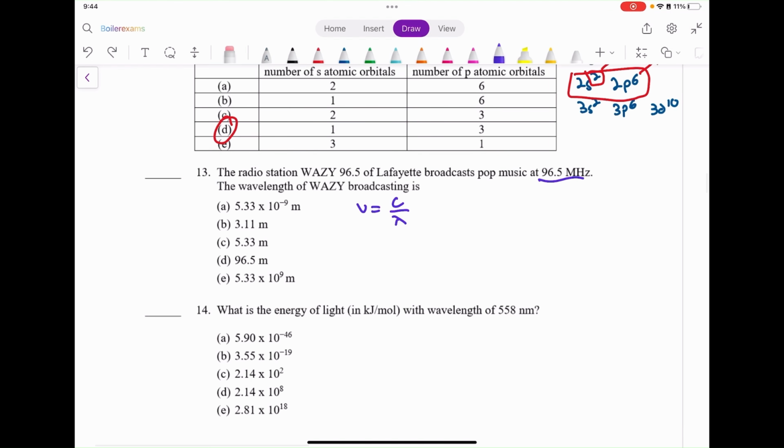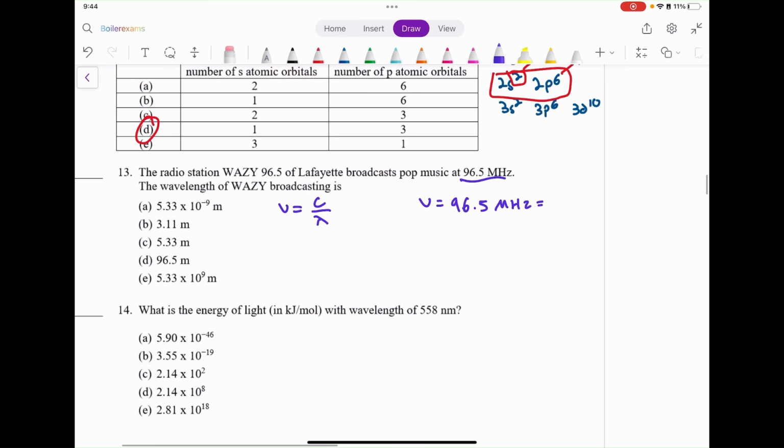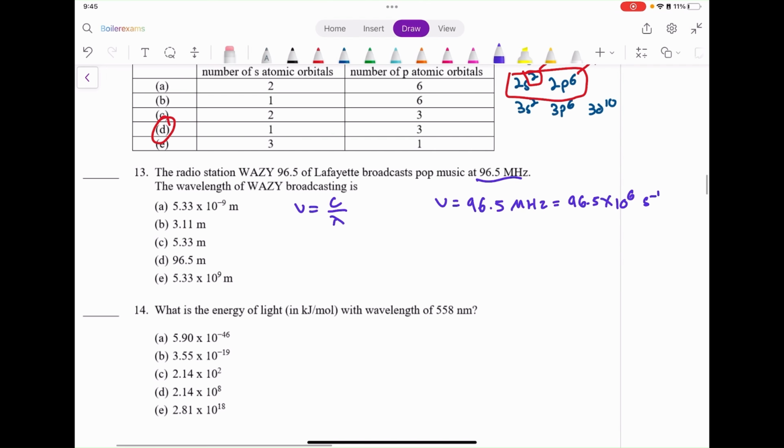So our frequency is 96.5 megahertz, and 1 hertz is equal to a reciprocal second. And mega, the prefix, is times 10 to the 6th. So this is the same as 96.5 times 10 to the 6th reciprocal seconds.